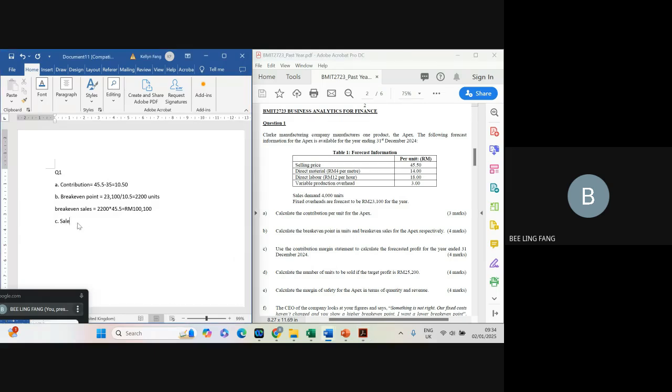Okay, so you have the sales. Okay, 4,000 times 45.5. And then you have the variable cost, right? Variable cost is 4,000 times 35. So contribution margin is 42,000.